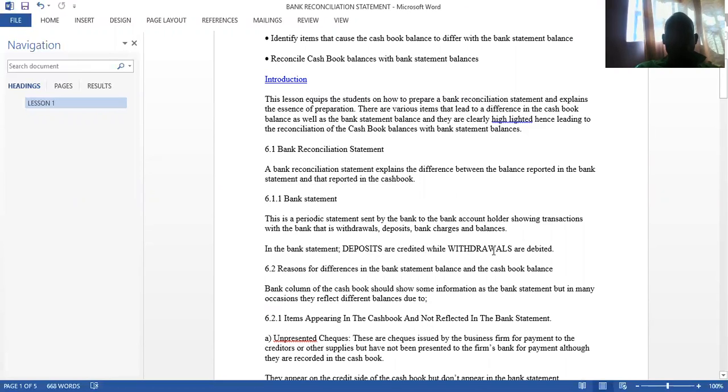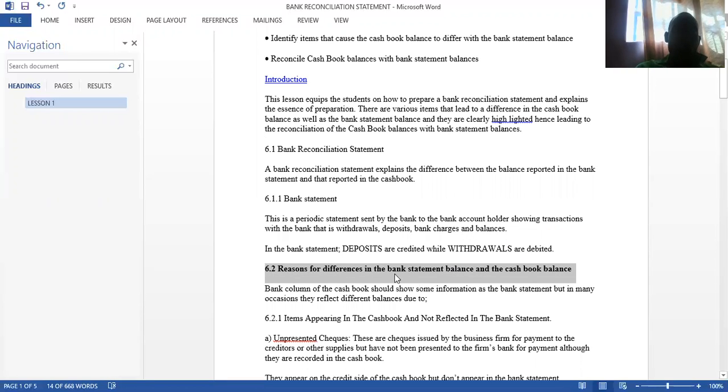Remember, withdrawals are the checks that we have issued and they are debited, whereas the deposits are the money that we have received or the checks that we have deposited in our bank account, meaning that our bank account is increasing.